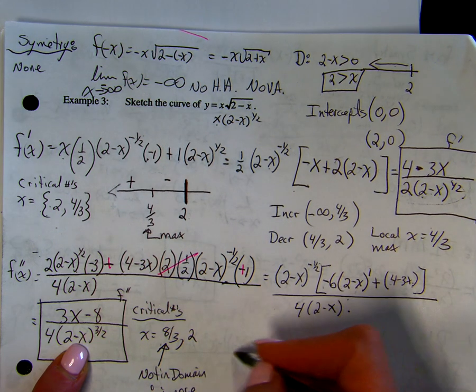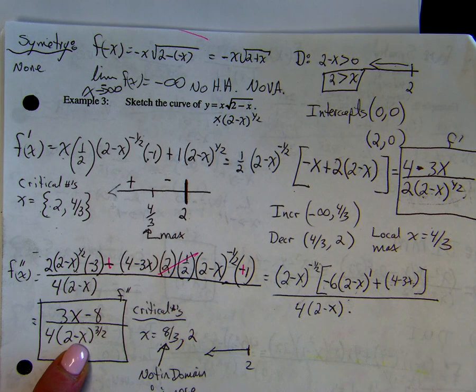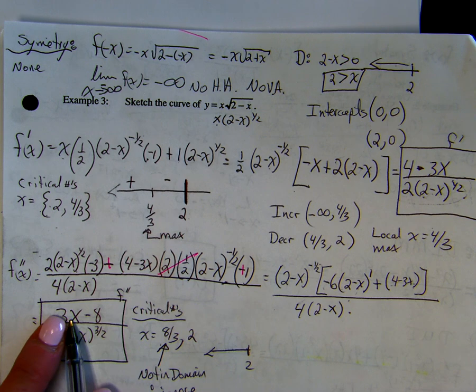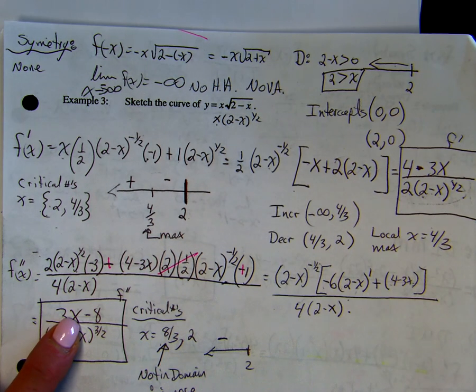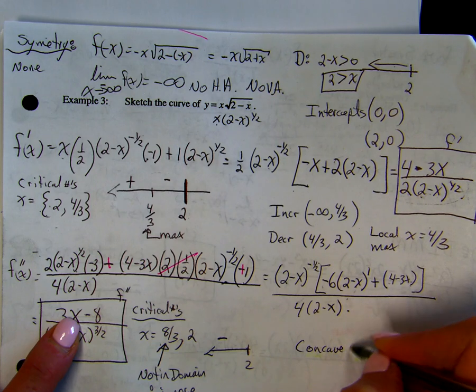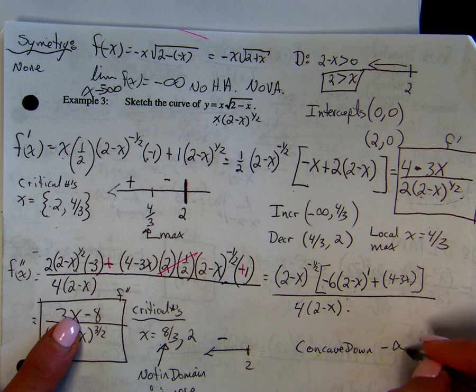Therefore, just ignore it. So we're just looking from -infinity to 2. The denominator is always positive. We're taking a square root. If I put in a number less than 2, let's try 0. I'm going to get a negative here, which tells me that this function is concave down all the time.